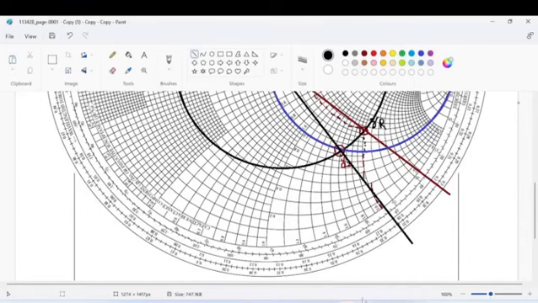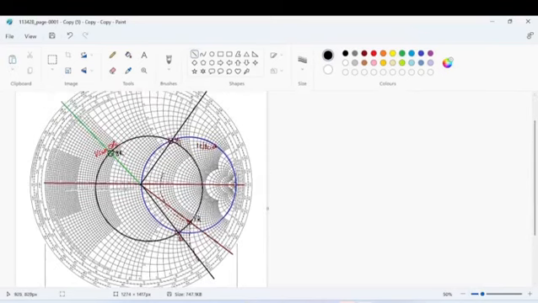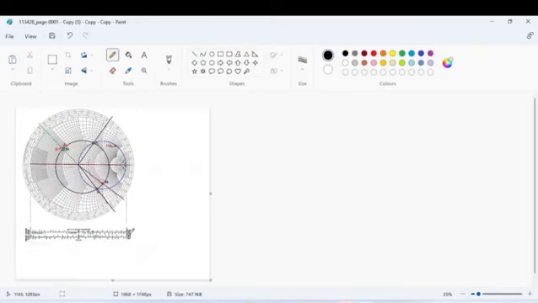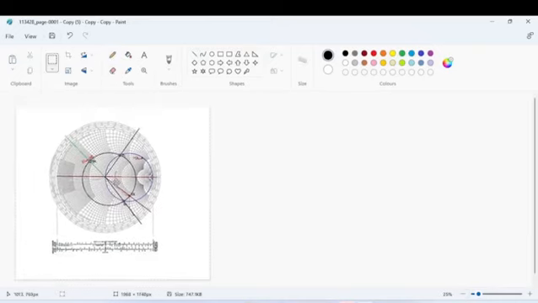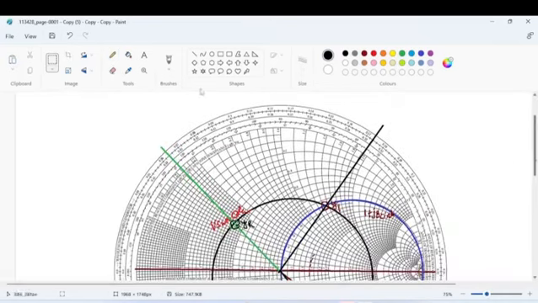Now please look here. This is the value of yr and this is the value of y1. We have to note it down. Between yr and y1, this is d1.